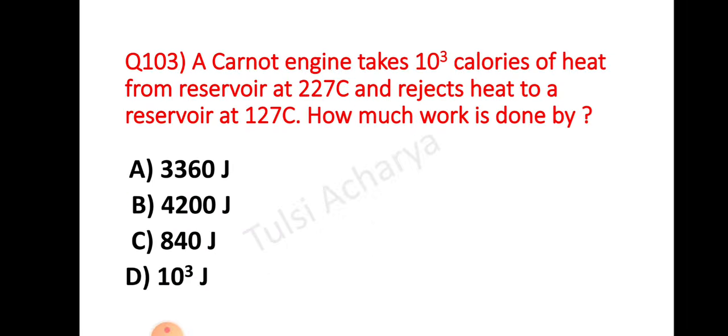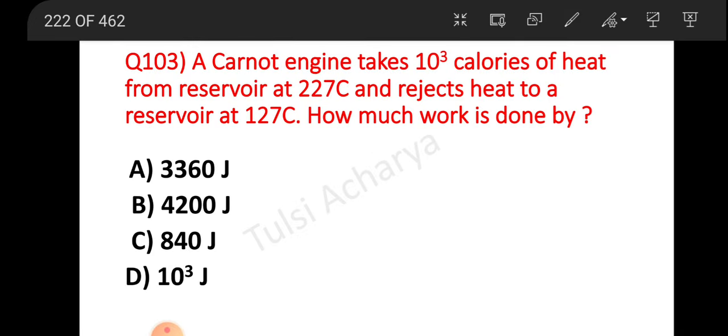Now let's move to question number 103. A Carnot engine takes this amount of heat from a reservoir at this temperature and rejects the amount of heat to the reservoir at this. How much work is done? In this case, we need to find this.